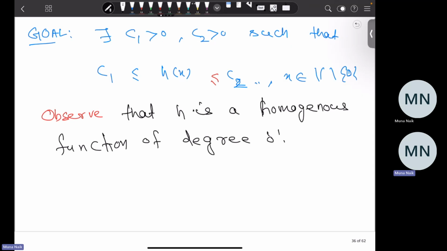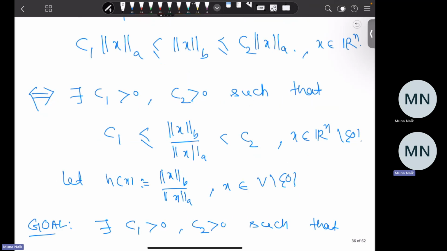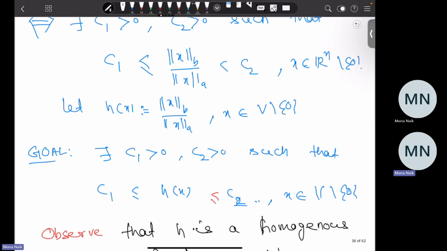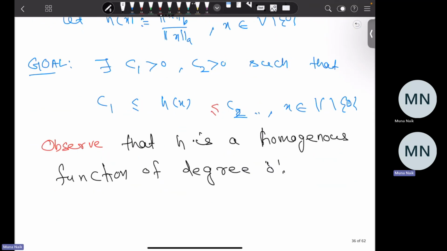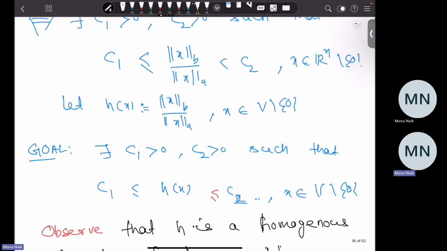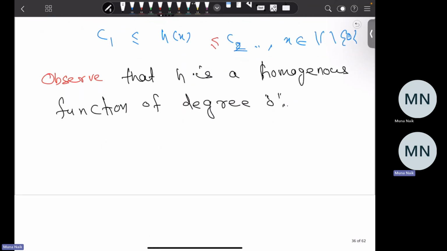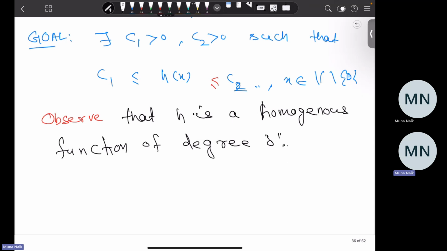You will say that there are two norms here, norm A and norm B, so in principle there will be two unit spheres. But here it doesn't matter which norm you are taking the unit sphere in. H is a homogeneous function of degree 0, so this means that H is a function on the unit sphere.